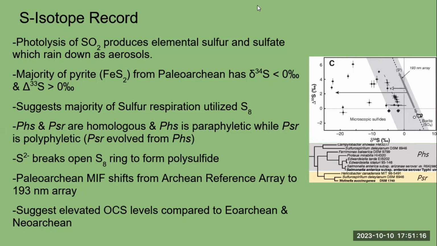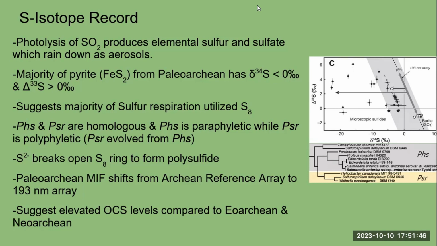This means that all polysulfide reductase enzymes descend from a single common ancestor, while the common ancestor of all thiosulfate reductase enzymes also gave rise to the ancestor of polysulfide reductase, strongly implying that the progenitor of polysulfide reductase reduced thiosulfate. Although polysulfide reductase can't directly metabolize elemental sulfur, sulfide ions will react with elemental sulfur rings, breaking them open and forming a polysulfide.